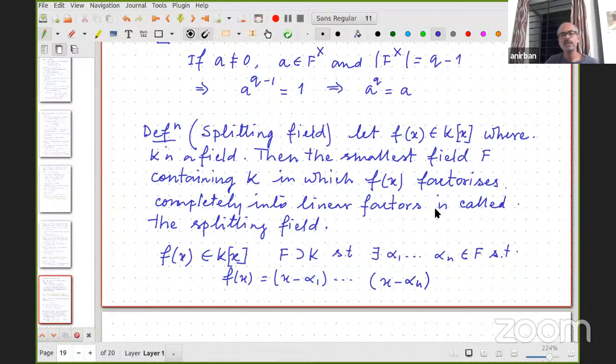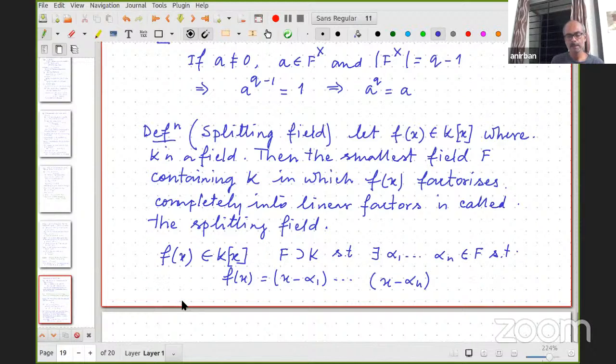We can consider this to be monic, so the first coefficient is 1. Otherwise, you can just take it out, or write it with a constant. That doesn't matter much. What you want is to write f as a product of linear factors, so you can completely factorize f.